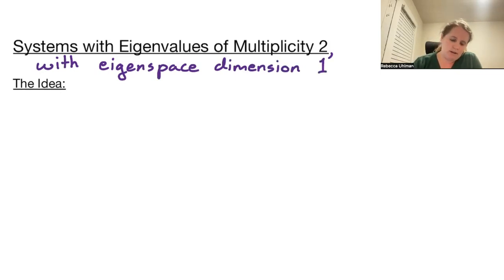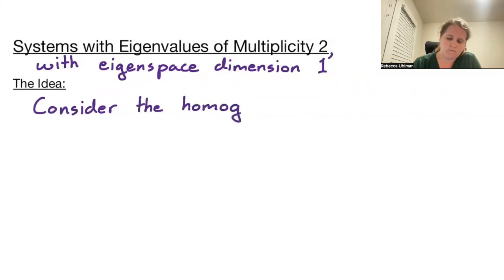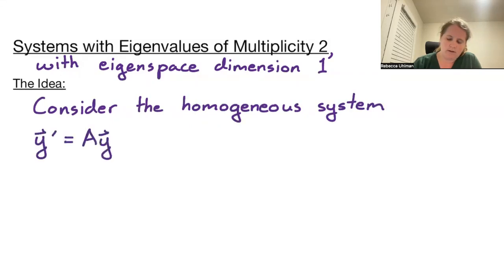So again, let's consider the homogeneous system Y prime equals AY, where A is an n by n constant matrix.